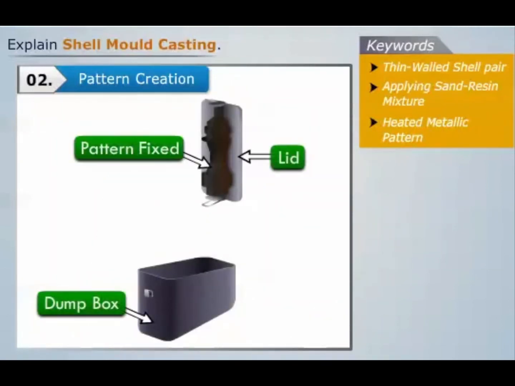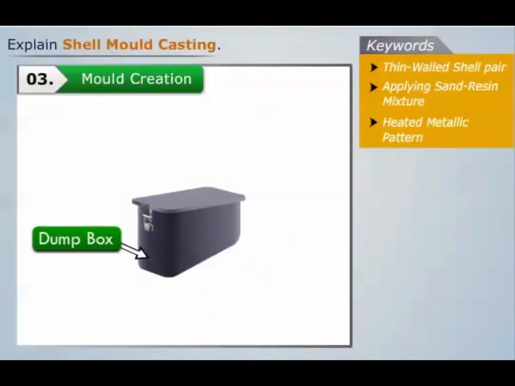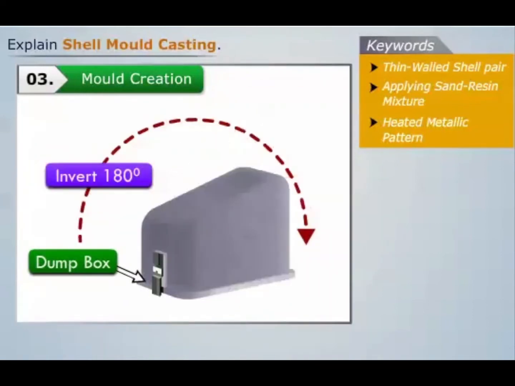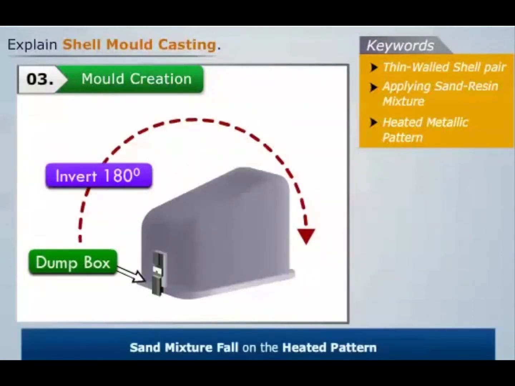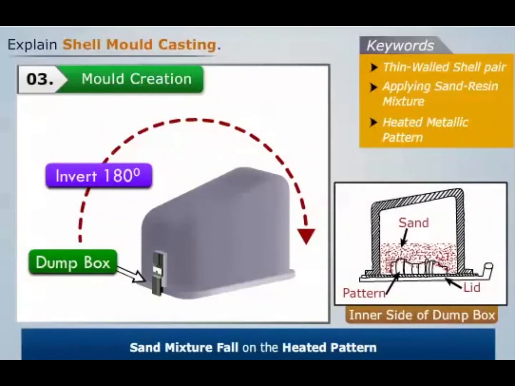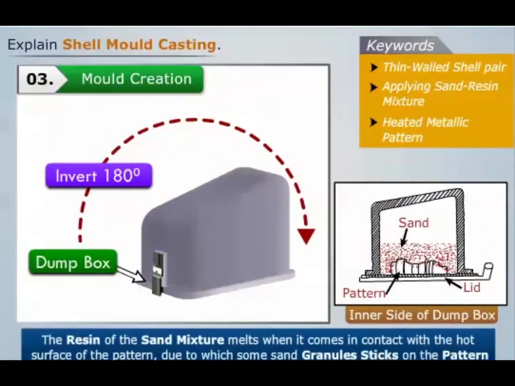Then we move to the third step, which is mold creation, where we place the lid on the dump box and invert the box upside down. This makes the sand mixture fall on the heated pattern. The resin of the sand mixture melts when it comes in contact with the hot surface of the pattern, due to which some sand granules stick on the pattern.